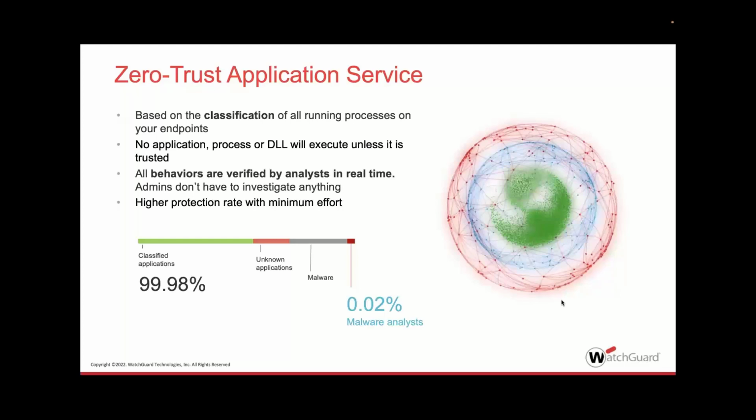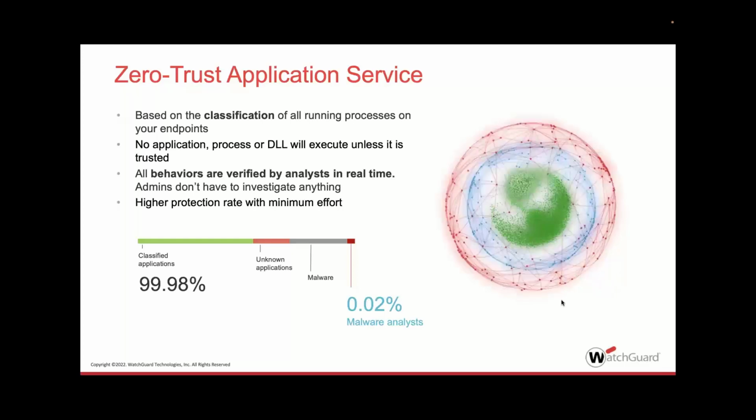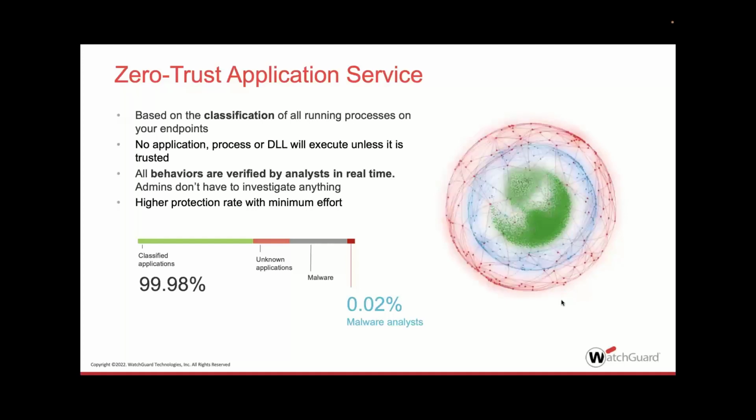So administrators don't have to investigate anything, and this is the point. Administrators don't have to make decisions on whether that executes or not. We are going to do that and deliver that as a service because we will be the ones doing the heavy lifting of that determination and of all that process.